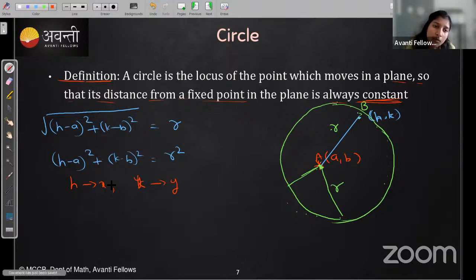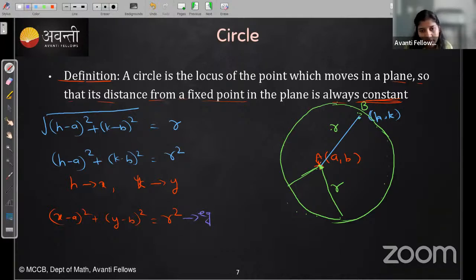So just replace H by X and K by Y. We will get X minus A whole square plus Y minus B whole square is equal to R square. This represents the equation of a circle with the center A, B.